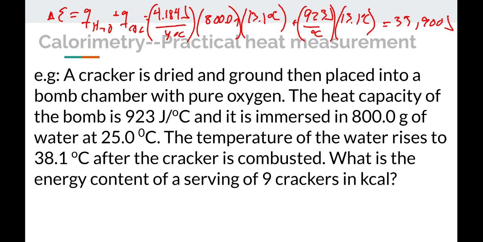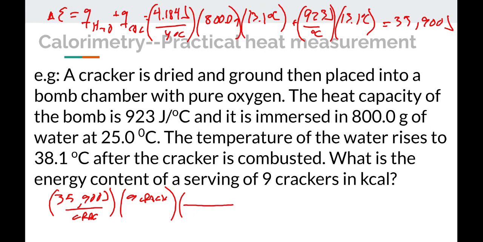Well, it's one cracker. So we want to, first of all, take 35,900 joules, and we want to multiply by 9, because this was joules per cracker. So we're multiplying by 9 crackers. And then we want it in kilocalories. So let's convert from joules to calories.